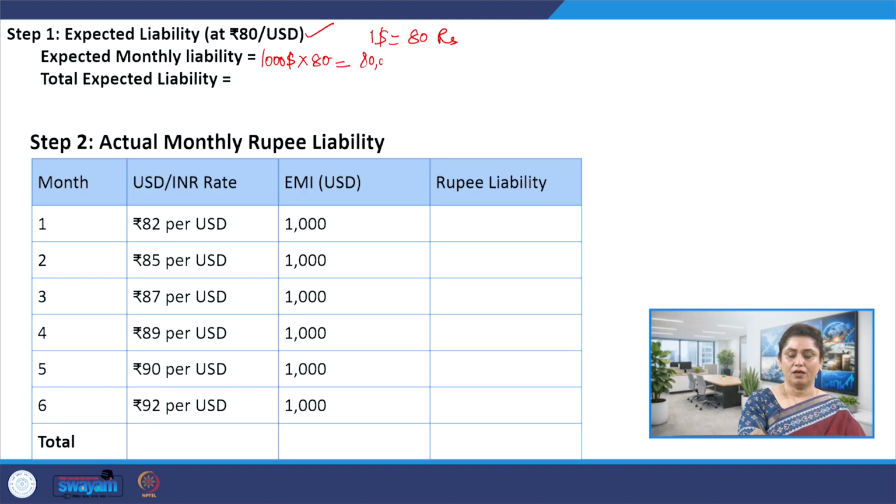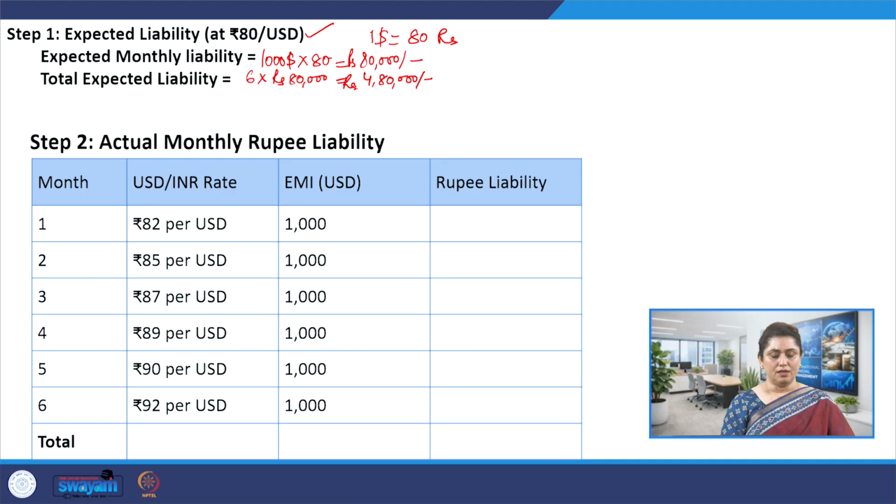So 80,000 rupees was the payment that we had to make every month if the dollar remained at 80, and the total expected payment would have been 4,80,000 rupees.